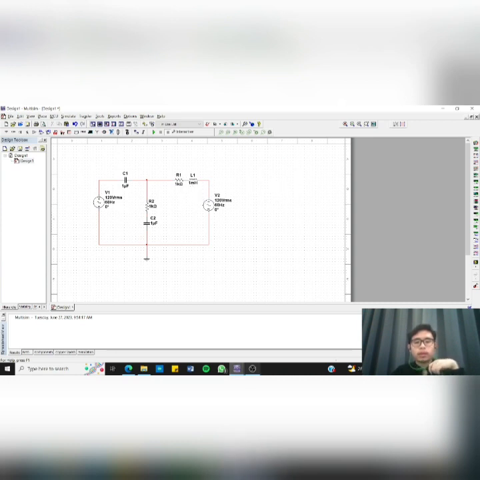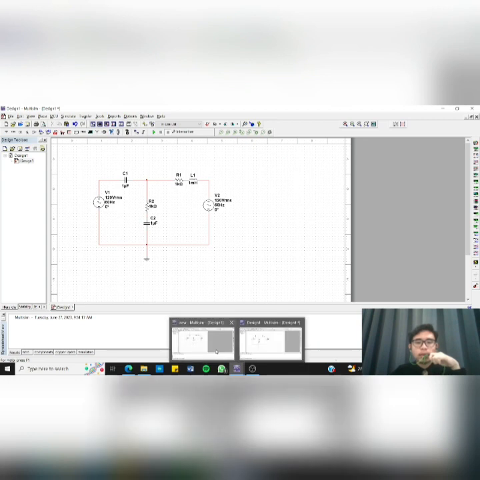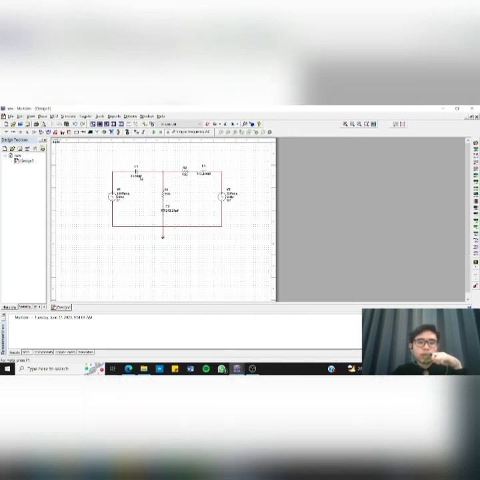Then we change the values, and we get C1 is 63.66 microfarad, C2 is 212.21 microfarad, and for the inductor we get 143.24 microhenry. That's all from me.